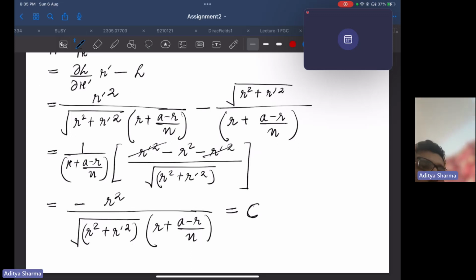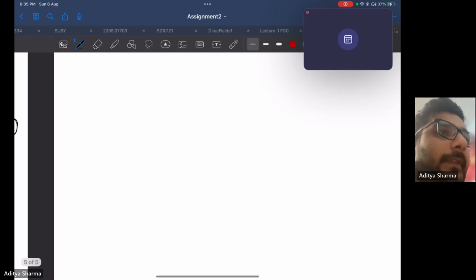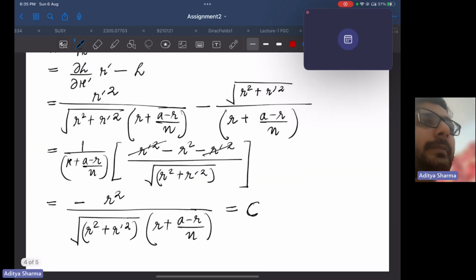Now I'll find a relation between r prime and r. Like I'll write r prime in terms of r.